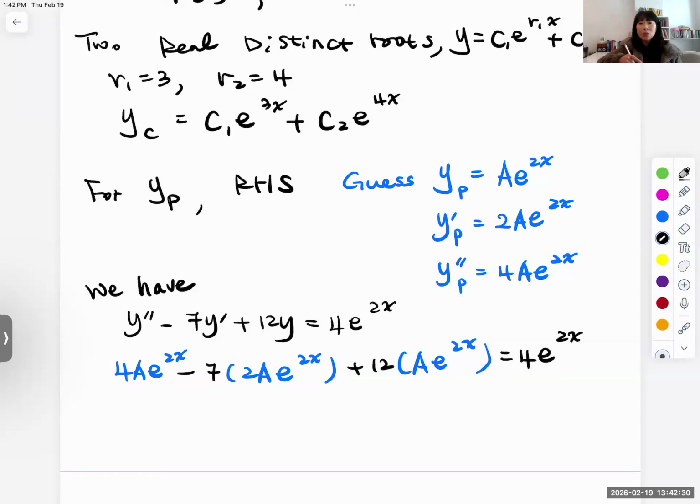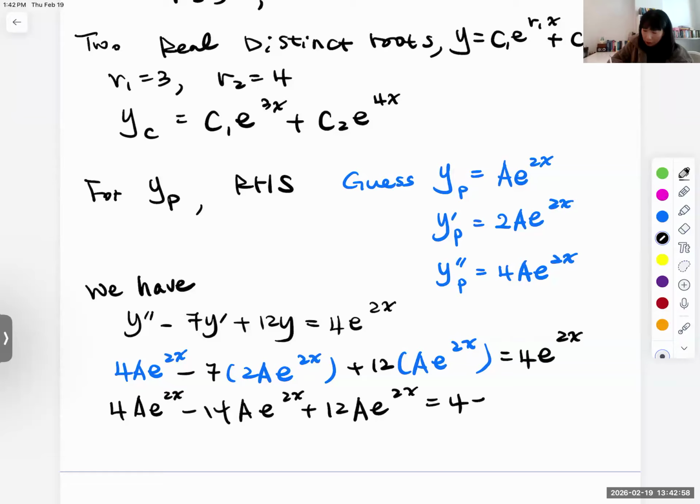So last section we did the corresponding, right? Before we do that, let's combine, like distribute, more easily to see, right? So for a e to the 2x, minus 7 times 2, 14, a e to the 2x, plus 12a e to the 2x equal to 4 e to the 2x, yeah?